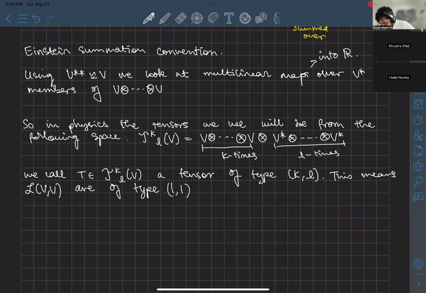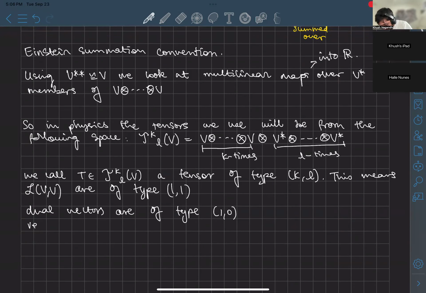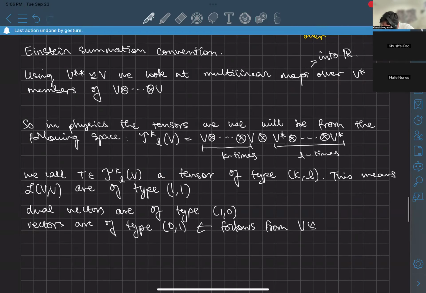Dual vectors are of type 1, 0. Double dual vectors, or vectors, are of type 0, 1. This last thing follows from V being canonically isomorphic to V double dual.